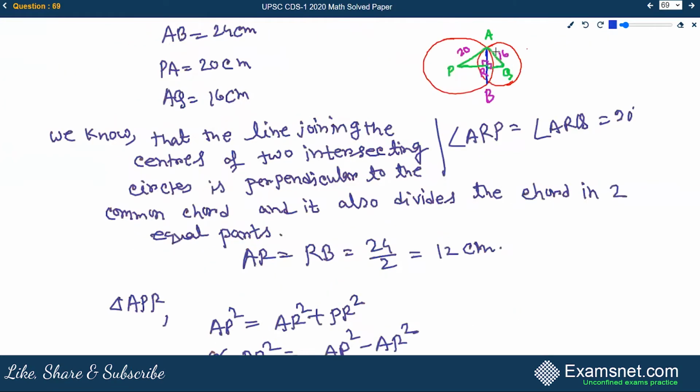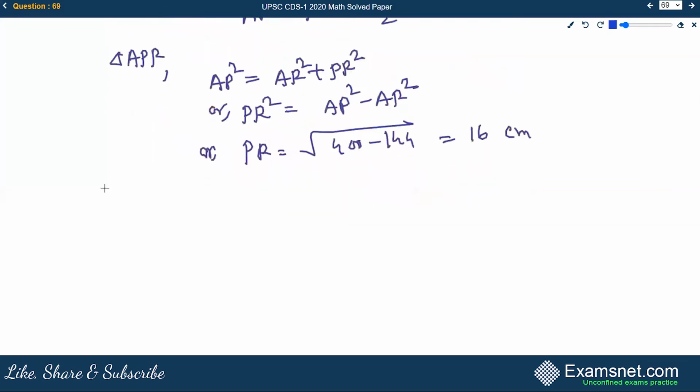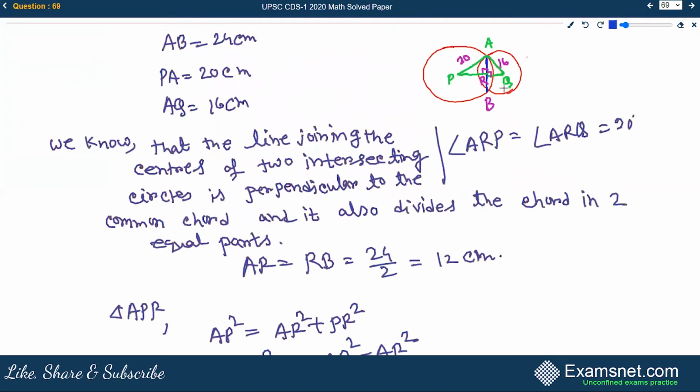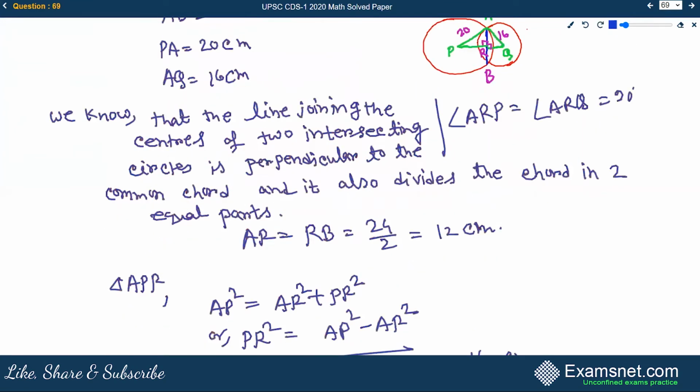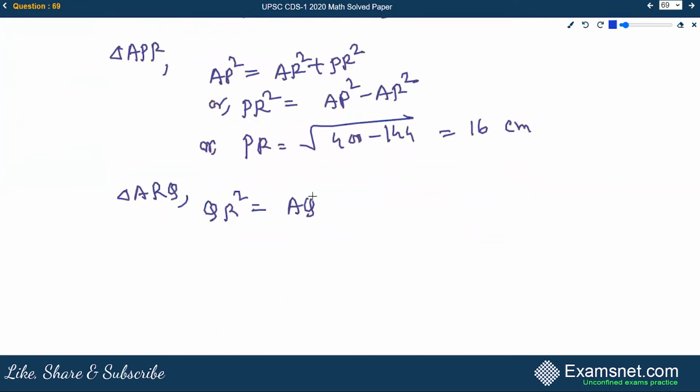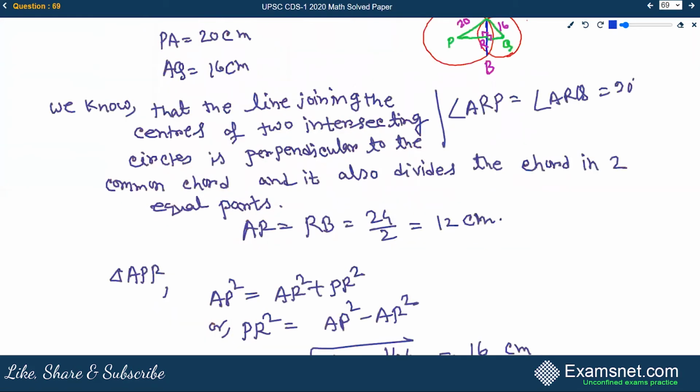Similarly, for this smaller triangle ARQ, we can write QR squared equals AQ squared minus AR squared.